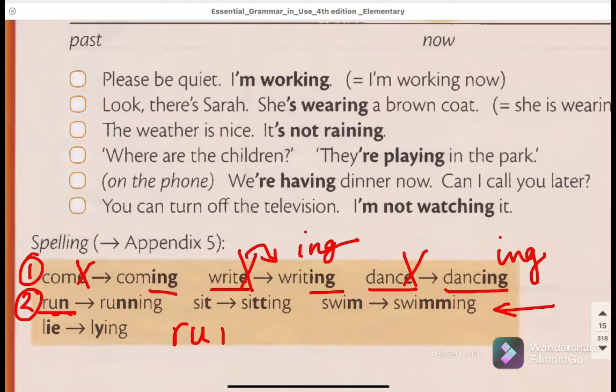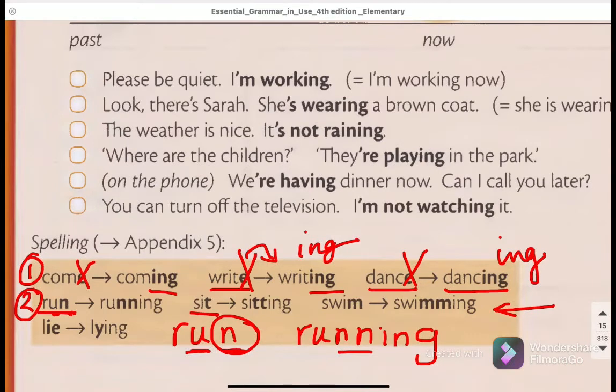Here, this is a vowel and this is a consonant. If I want to add ing, I will double the letter N, the consonant letter. So I will write it just like this, running. I make it double N.